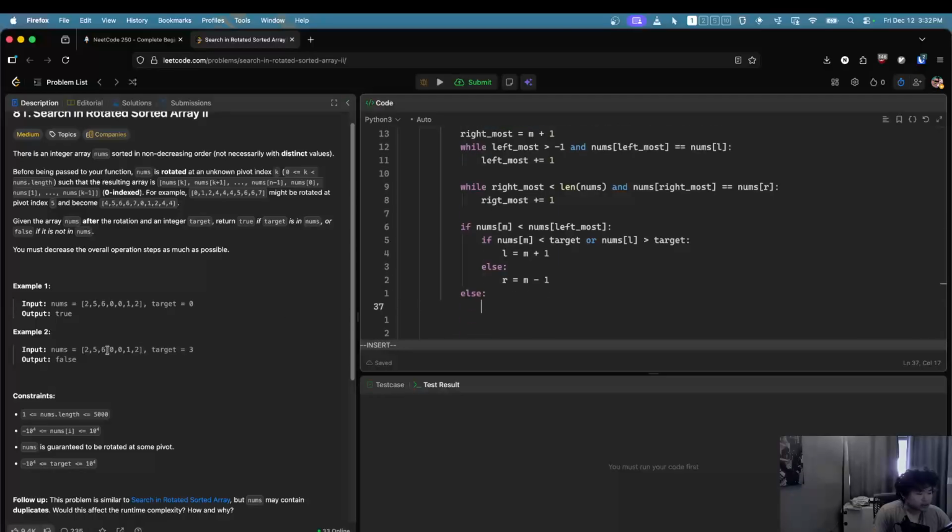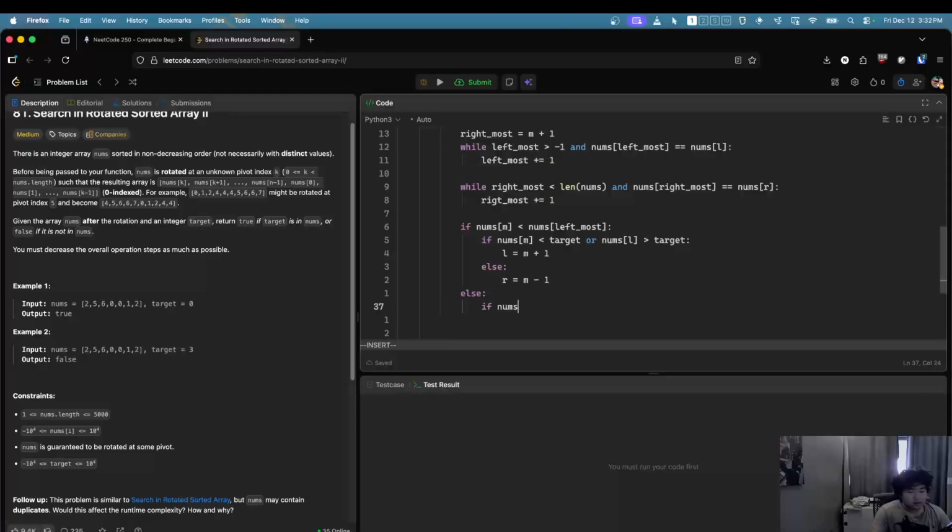So now let's say we're on this side, right? This side of the pivot, meaning this middle is actually bigger than the leftmost. Yeah, this is bigger than the leftmost. Then we're definitely on the bigger side, so we need to either go smaller or bigger, right?